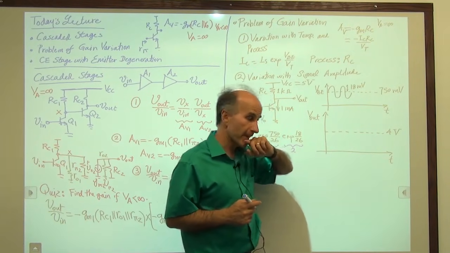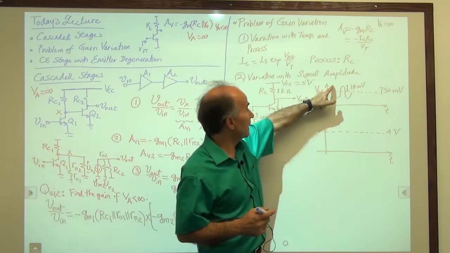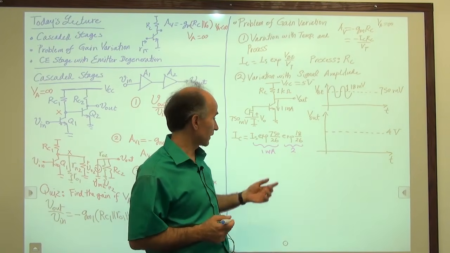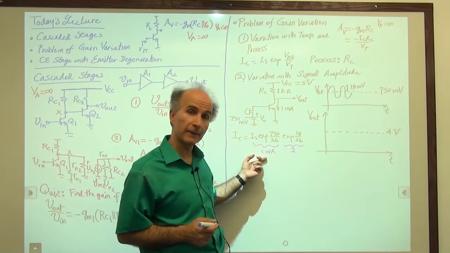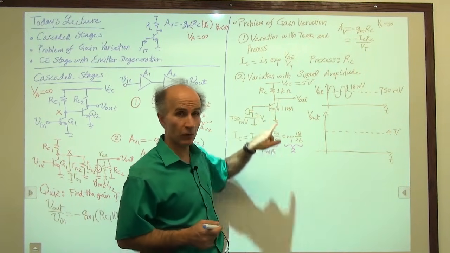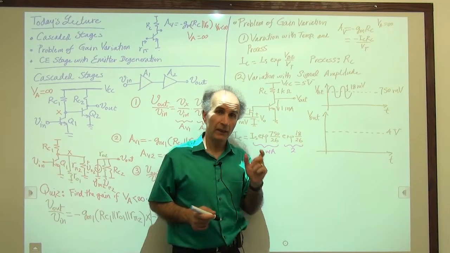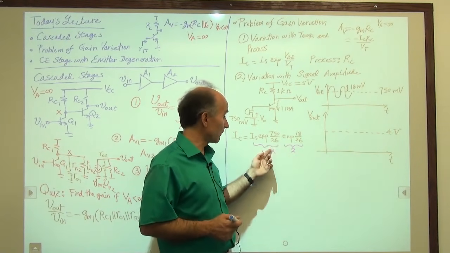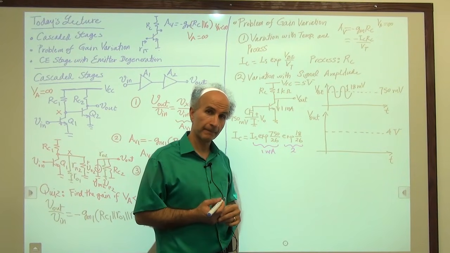But now, when we go all the way up here, how much is the collector current? The collector current has reached 2 milliamps. So when the microphone signal raises this potential by 18 millivolts, the collector current goes from 1 milliamp to 2 milliamps.